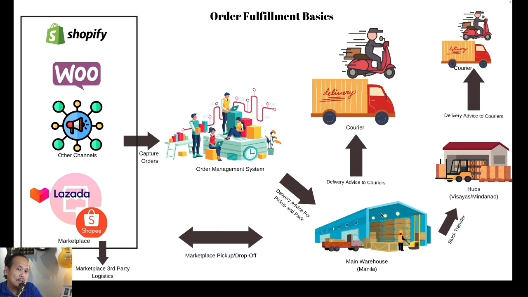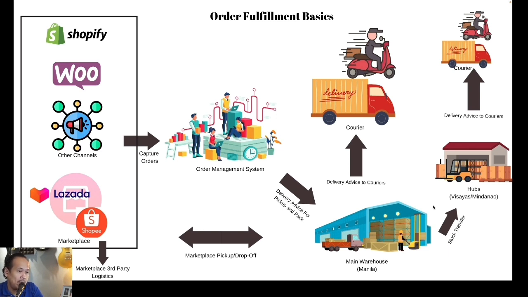Now, if you want to offer same day delivery or next day delivery to other parts of the country or regions, then it is advisable to also either rent hubs from these regions and or outsource it if you have a partner who can handle your stocks.